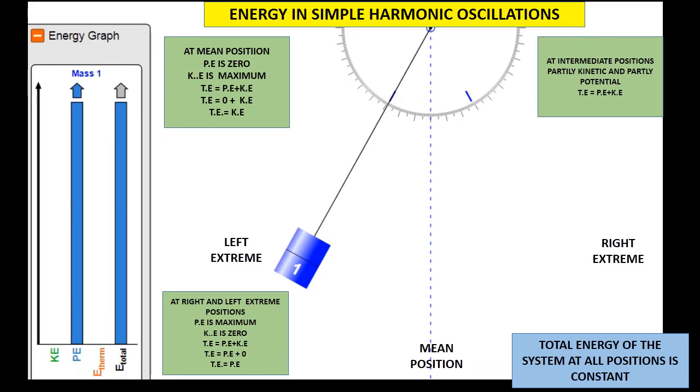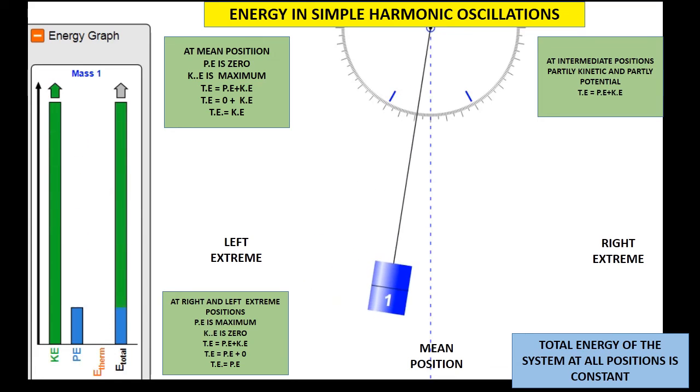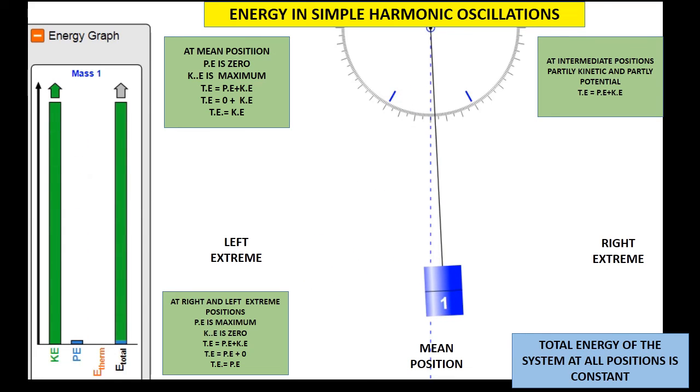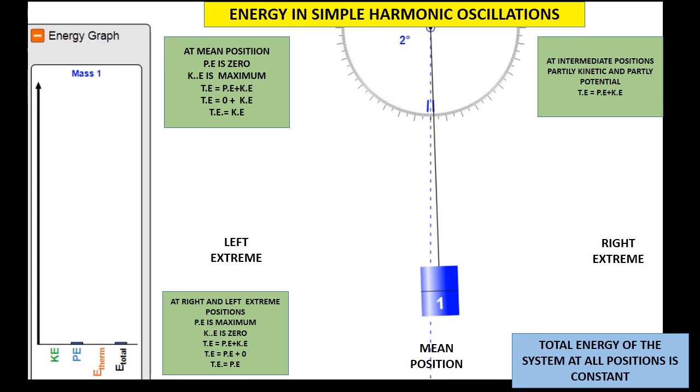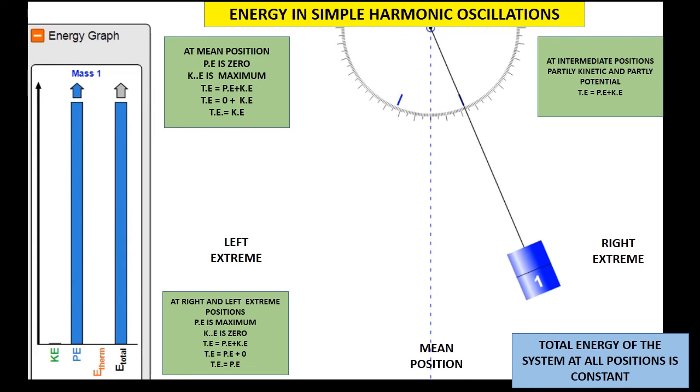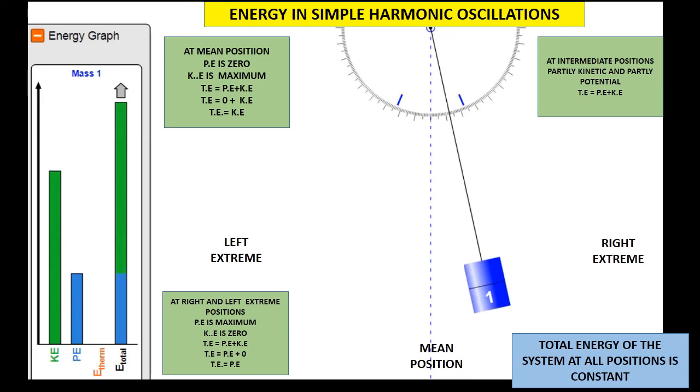Now we will analyze what happens in the mean position. Look at here. I am going to bring the pendulum exactly to the mean position. Look at that. We will make it oscillate. Only then are we able to analyze.